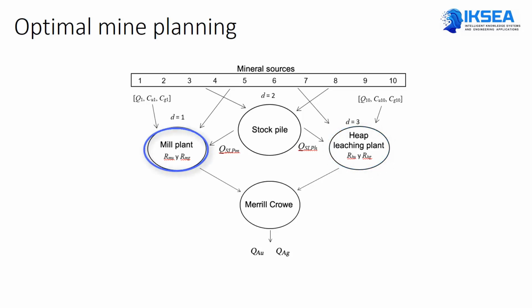The grinding plant, on the other hand, has a high recovery of around 80% for gold and slightly less for silver, but has high operating costs due to the high energy consumption of the grinding process. This suggests that the richer veins should be fed to the milling plant as it has a higher recovery, while the lower grade streams should be sent to the heap leach plant.